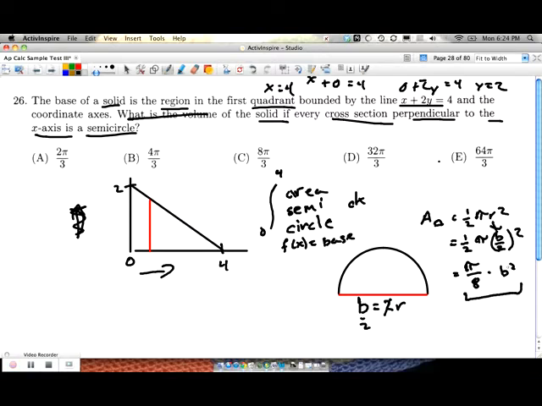So that means this integral is really going to be pi over 8 times the integral from 0 to 4 of b squared, which in this case is, let's see what we get. That's going to be 4 minus x quantity squared times 1/2 is equal to y.